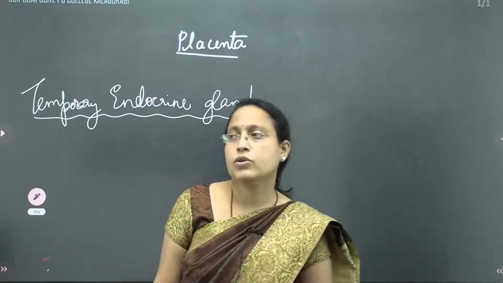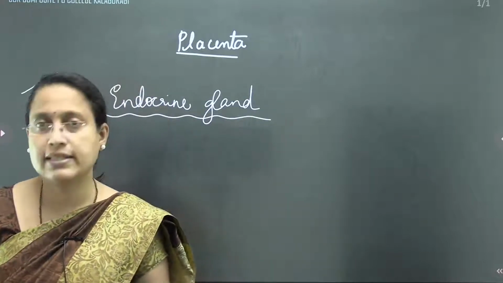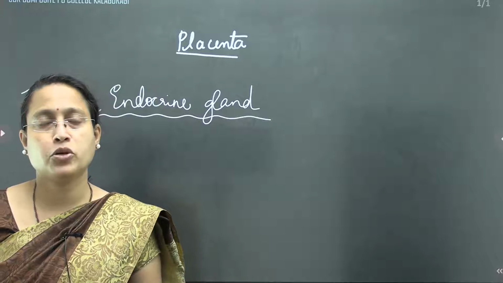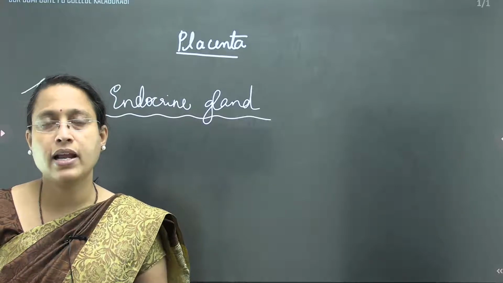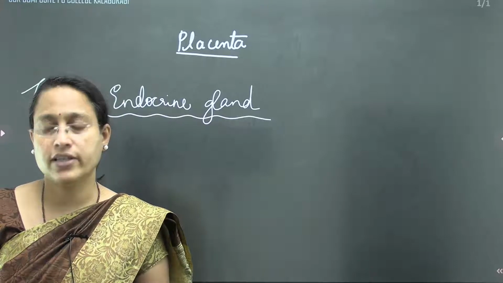The placenta is going to act as a temporary endocrine gland. So far as it is present during the gestation period, it continues to be an endocrine gland. But after parturition, even the placenta is going to get ejected.